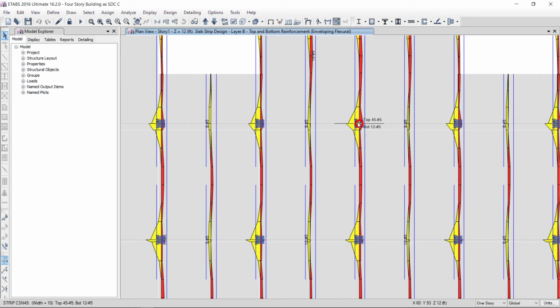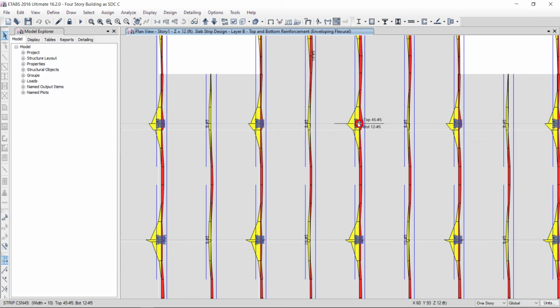So one should be very clear, if you are using ETABS and you are using this building in various seismic design categories, then you should know what the requirements and provisions are and how it should be done.